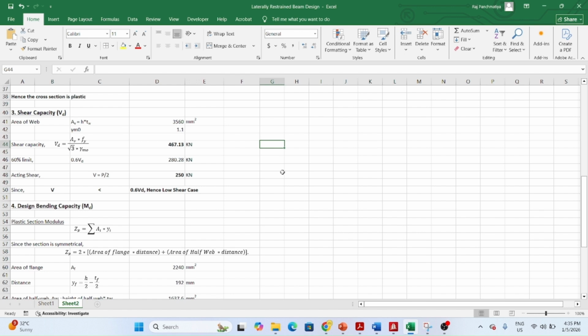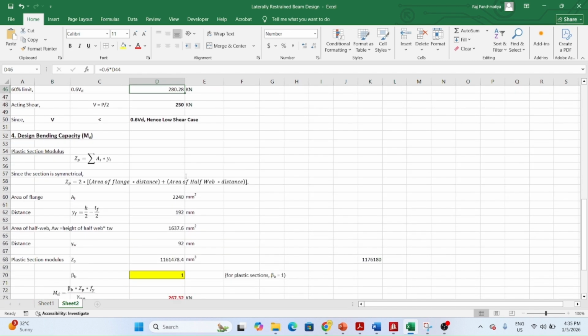V is equal to P by 2 at each support. So acting shear force at the support is 250 kilonewton. If you compare, 250 is less than 0.6 of VD, and 0.6 VD is 280. So since V is less than 0.6 VD, we can categorize this as a low shear case.